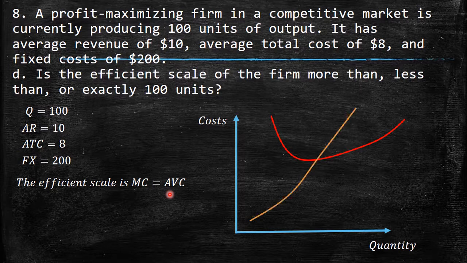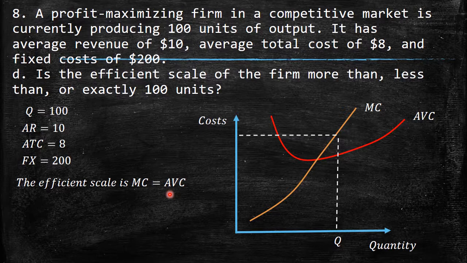Then you have here the average total cost. Okay, this is not variable, this is total cost. This is going to be this one, which is going to be 10, right? This is 10. This is the price that they sell. The quantity is going to be 100, and at that point, the average total cost is 8.